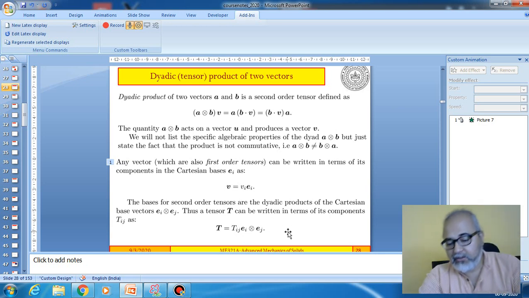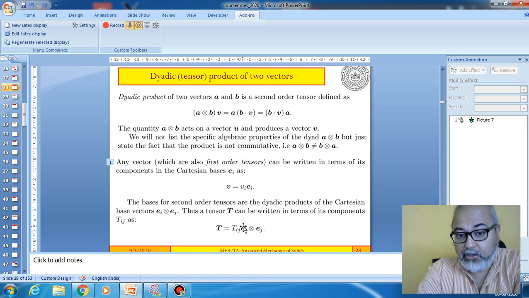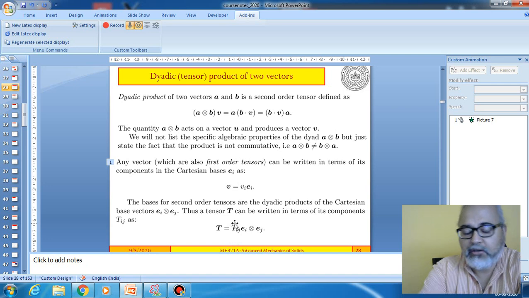And also what we have learned is that the components of a second order tensor, which we have written as Tij here, depend on the coordinate system that you are using. In this case, we are using a fixed Cartesian coordinate system.